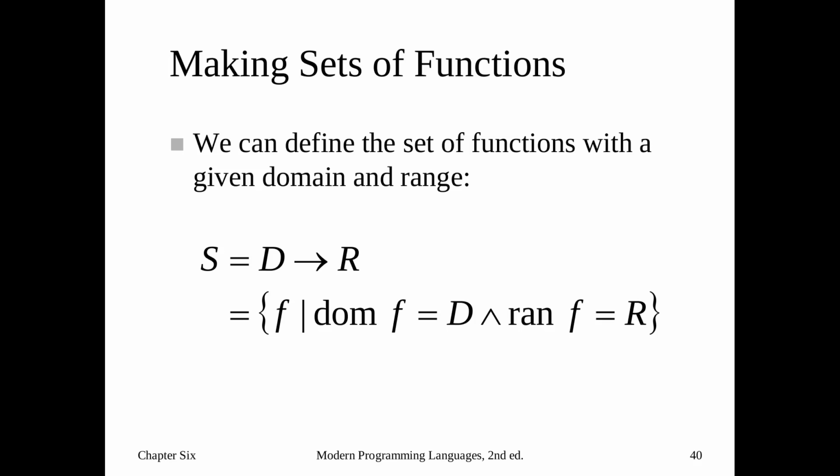If we recall from discrete mathematics and possibly chapter 0 of the Sipser book for computability, we can define some function S, a mapping from the domain D to the range R. There are many different ways to define functions, but essentially S is equal to the set that contains every F such that the domain of F is equal to D and the range of F is equal to R. So S here would include any function that meets those requirements.